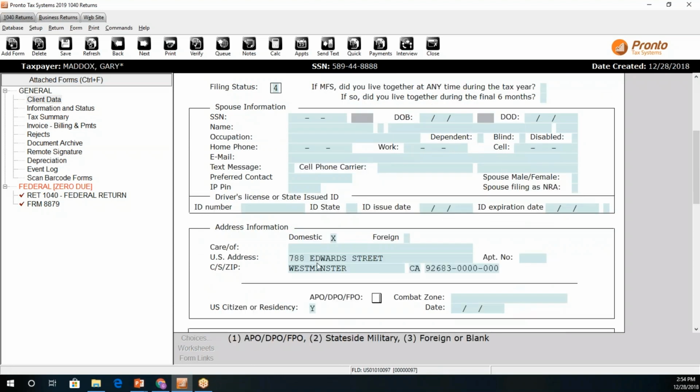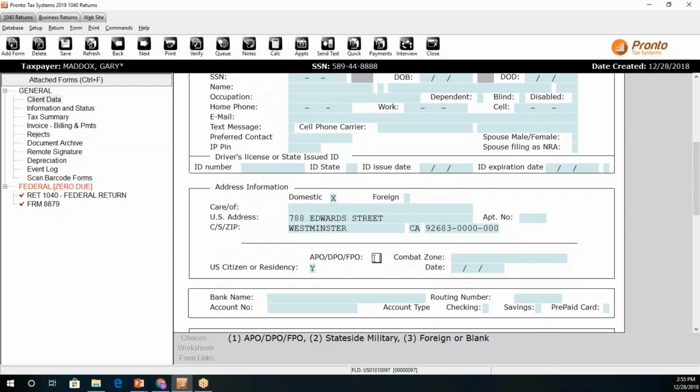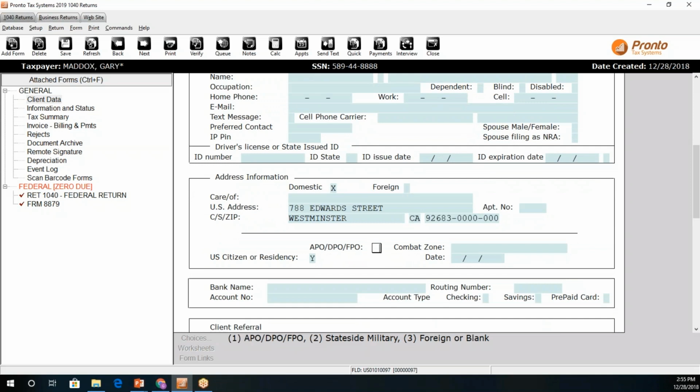And as you can see, automatically, Westminster pops up, California, because I had done this previously. And now you only have to put the zip code and all the information pops up. Okay. If he were on a ship or overseas somewhere, you would have to mark this box, the APO, DPO, or FPO. Otherwise, since he is living here in California and he is a citizen of the United States.